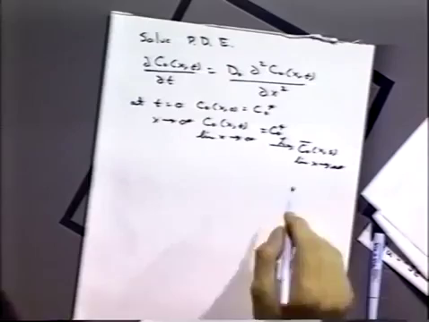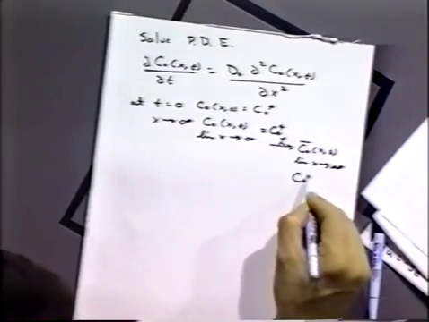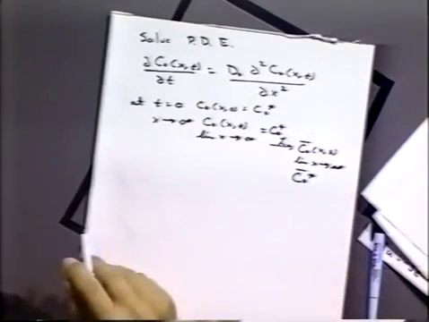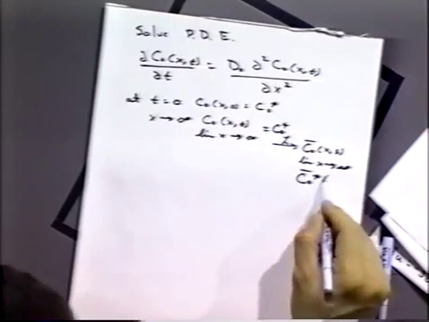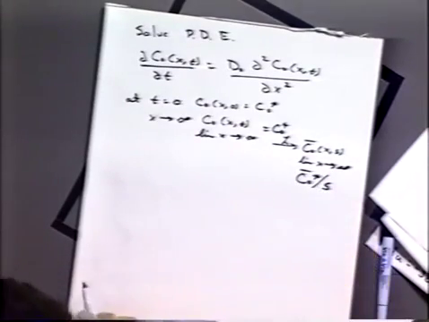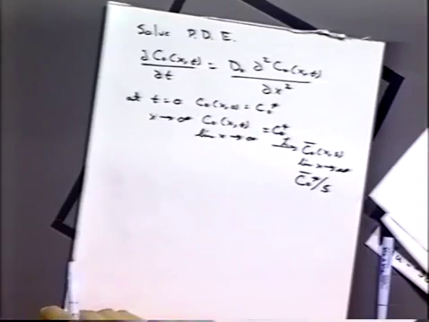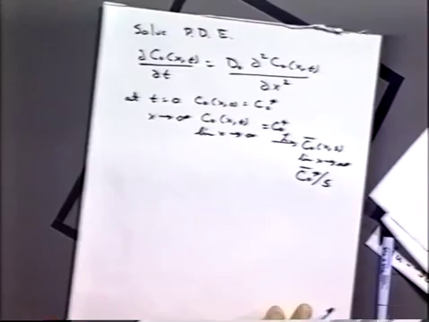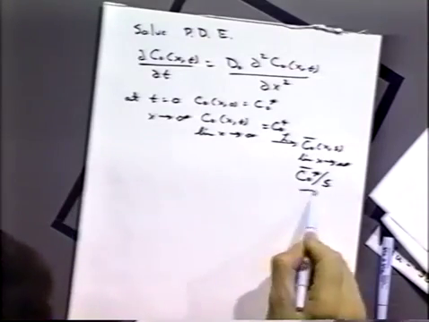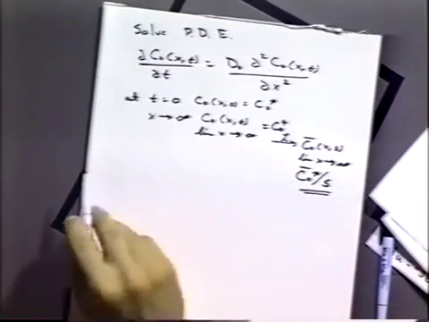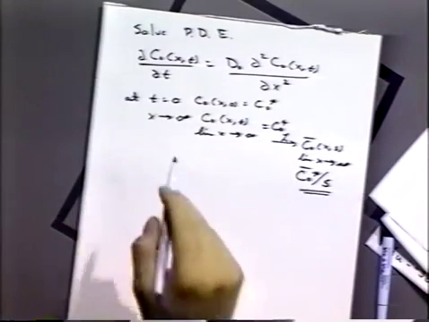As we approach infinity in x, we can simply write that boundary condition in Laplace space as C sub O star over s, the bulk concentration of O over s. So we can use that later on as one of our boundary conditions in solving the form of the equation.